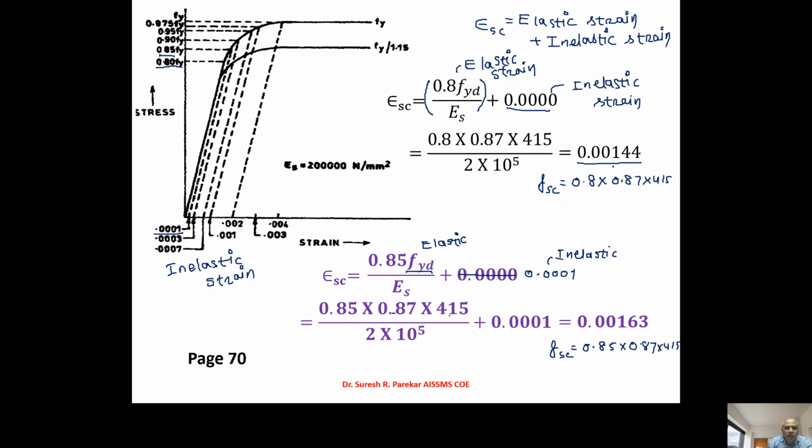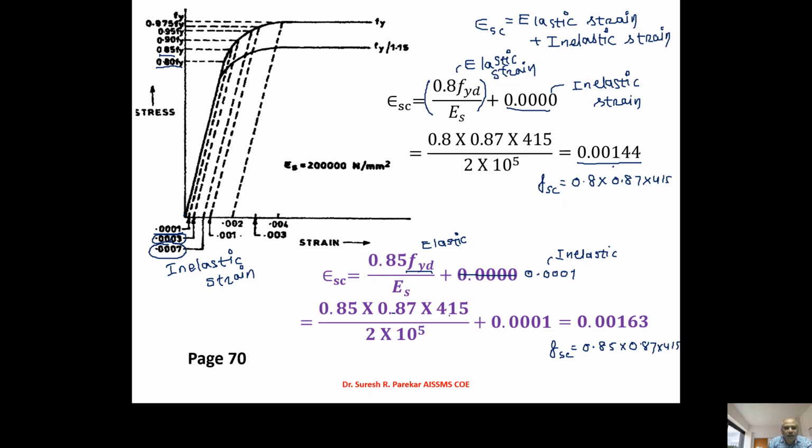And likewise we have to go on. For 0.9 fy the inelastic strain is 0.0003.